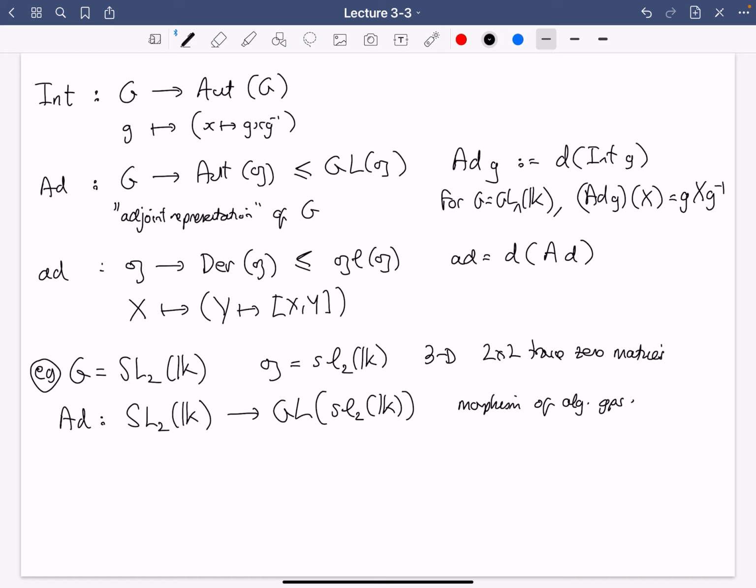And the image. So maybe I should write down the kernel first. It's rather easy to see what the kernel of this map Ad is in this example.